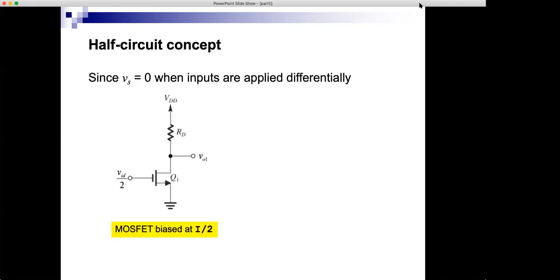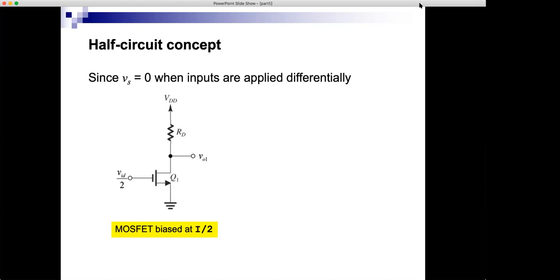To introduce this new concept called the half circuit concept. The half circuit concept tries to make the analysis of differential amplifiers similar to the analysis of something that we are very familiar with, which is the common source amplifier.